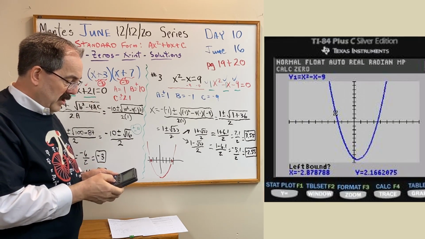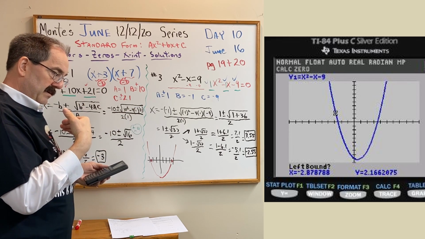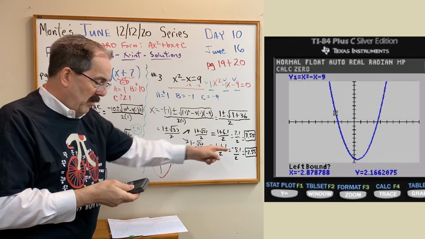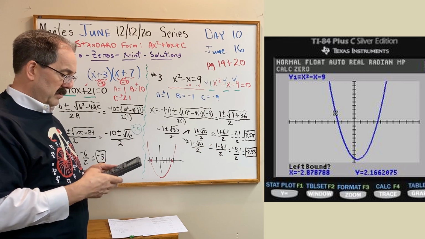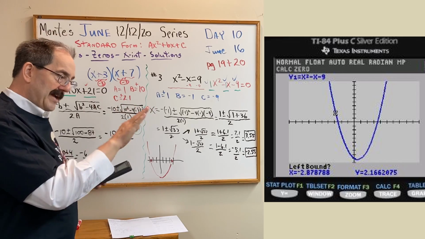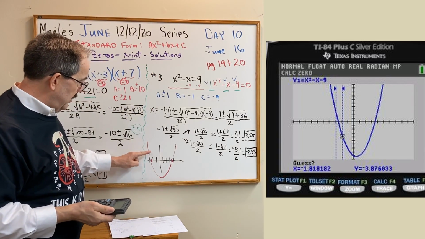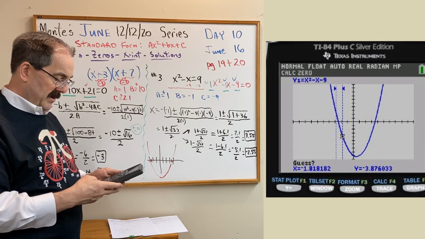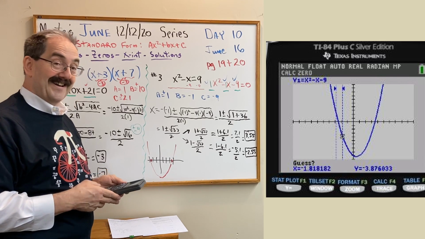I'm going to toggle until I'm to the left side of negative 2.55 and hit enter. Toggle until it's on the right side of negative 2.55. So blinking here, hit enter, guess the answer.